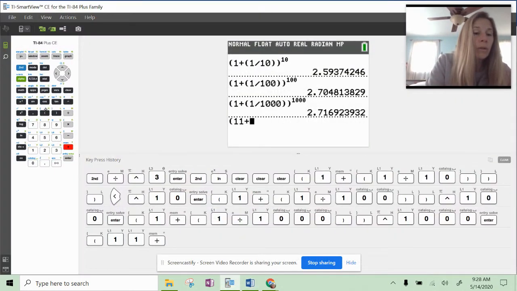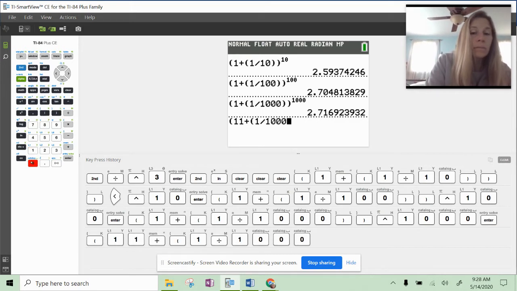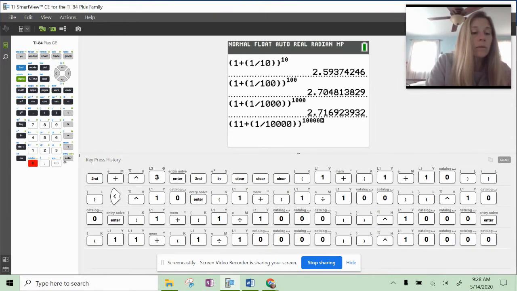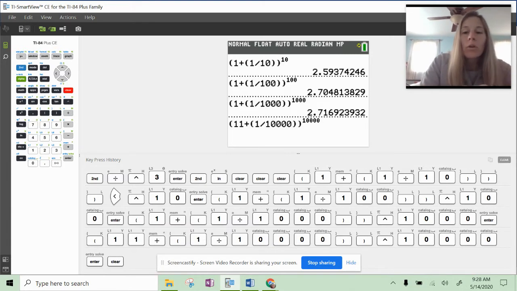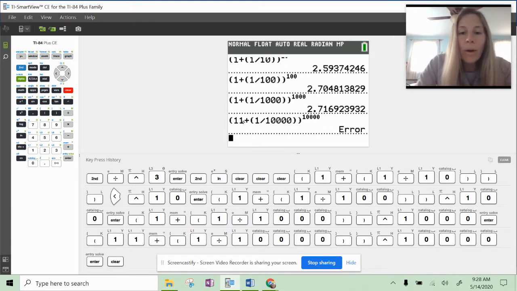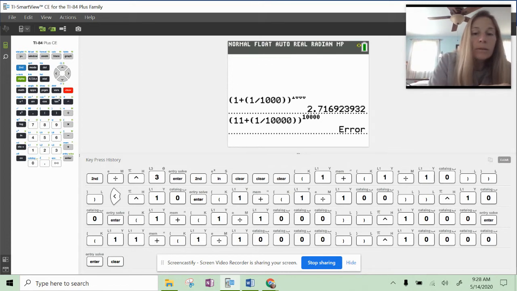So 1 plus 1 over 10,000, and then we're going to raise that to 10,000. All right, now notice my calculator has an overflow here. I may have just typed something in wrong. Oh, I put an 11 in by accident. That shouldn't have happened.